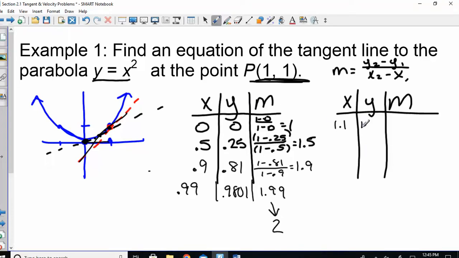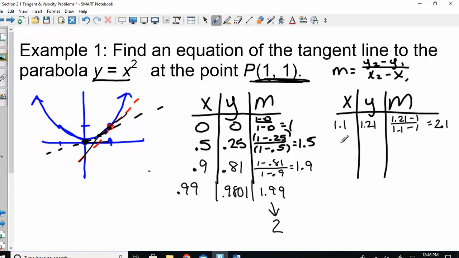So you plug that in. So your y is 1.21. Slope, again, we're doing slope between 1, 1 and this point. And I get 2.1.